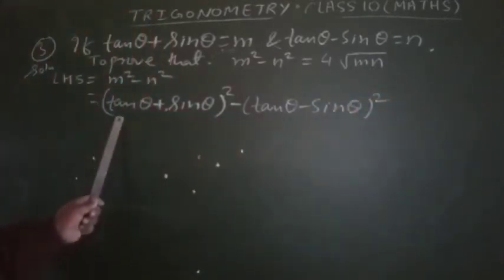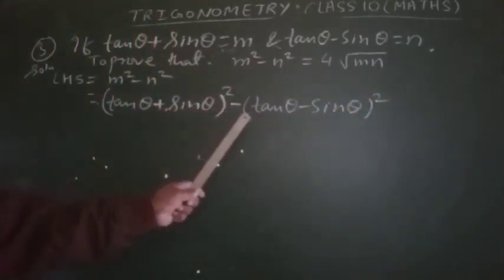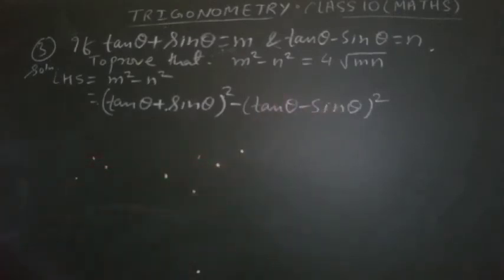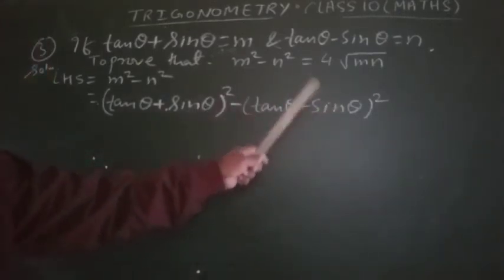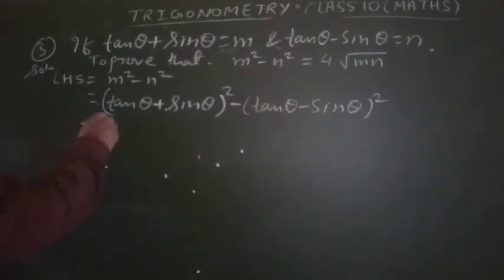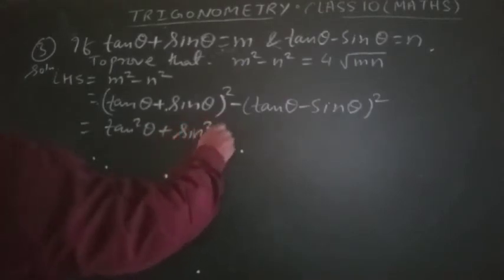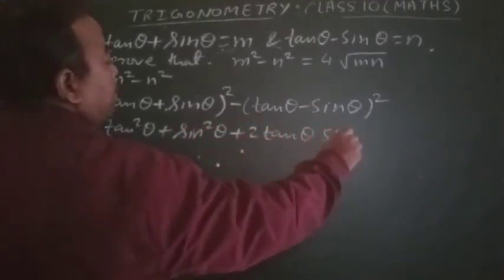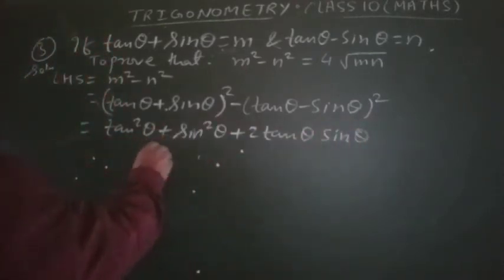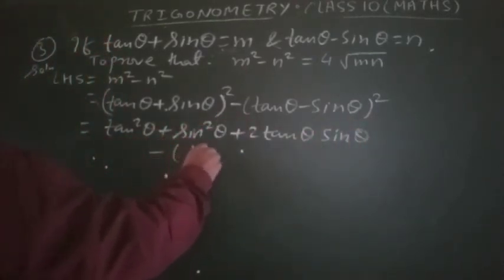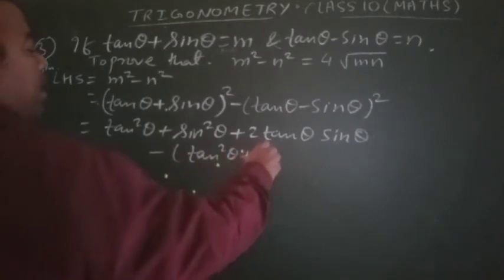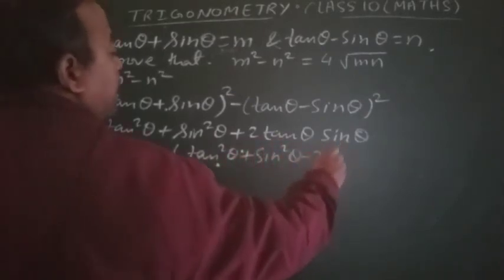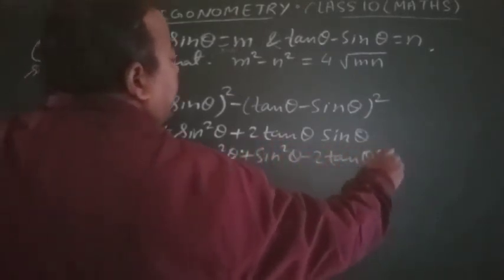Now it is (a plus b) whole square minus (a minus b) whole square. So look, tan^2 plus sin^2 plus 2 tan theta sin theta, minus tan^2 plus sin^2 minus 2 tan theta sin theta.